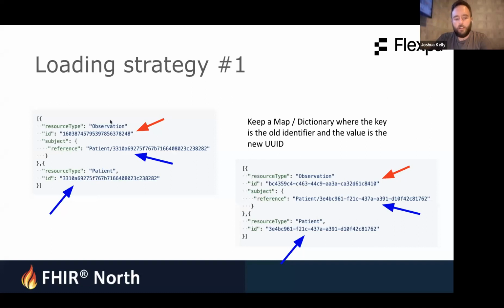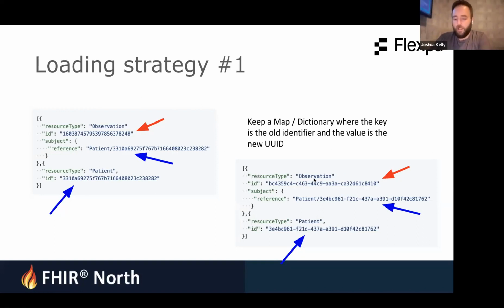So the ID on the observation, indicated by this red arrow, is 16038, etc. The relative reference underneath the subject field of that observation is a reference to a patient of 3310, etc. And we see that our second resource is a patient that has that same ID. Okay, so we need to iterate through each of these resources, and as we go, replace each of these IDs and relative references.